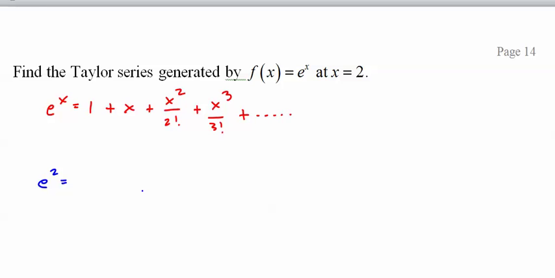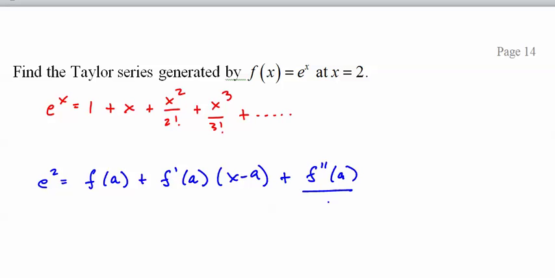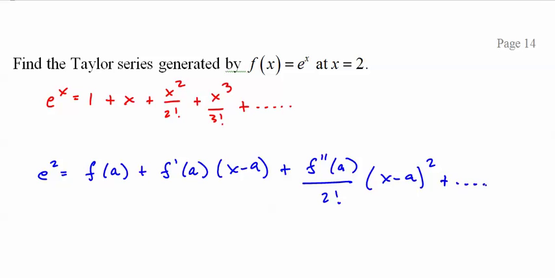It's f of a plus f prime of a times x minus a plus f double prime of a over 2 factorial times x minus a squared dot dot dot.